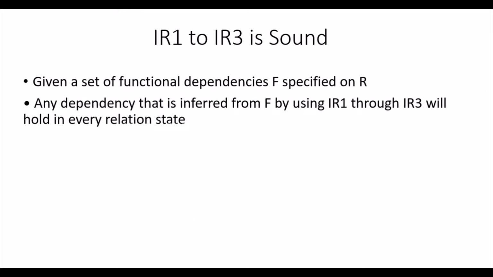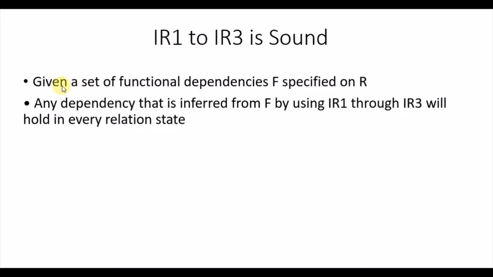That is, given a set of functional dependencies F specified on R, any dependency that is inferred from F by using IR1 through IR3 will hold in every relation state. That's why it is known as sound.